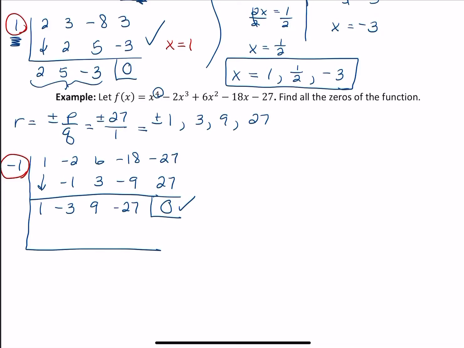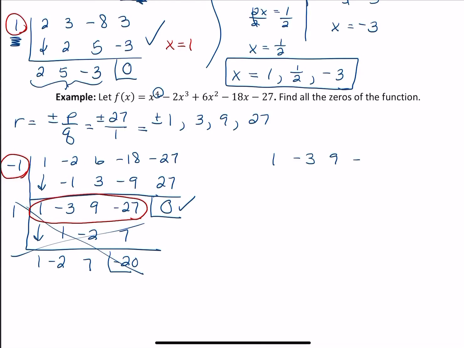So I'm going to try 1 now. So 1 times 1 is 1. Add, sorry. This one does not work because I don't get a zero remainder. So that doesn't work. So I'm still going to use these numbers and try another possibility. So I'm going to use 1, -3, 9, and -27.